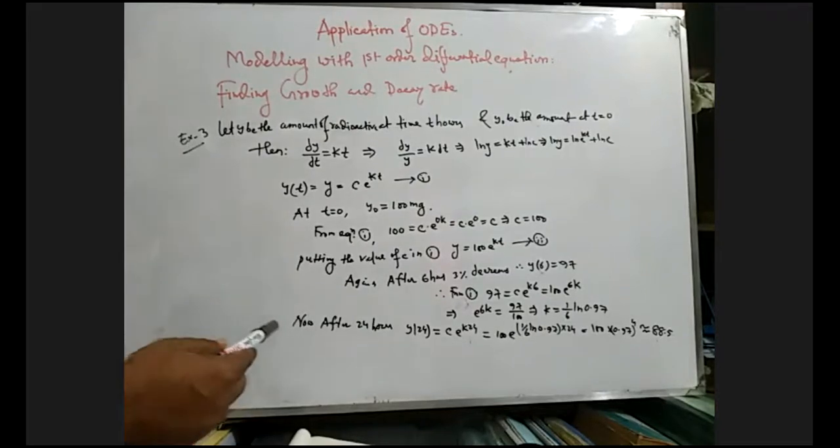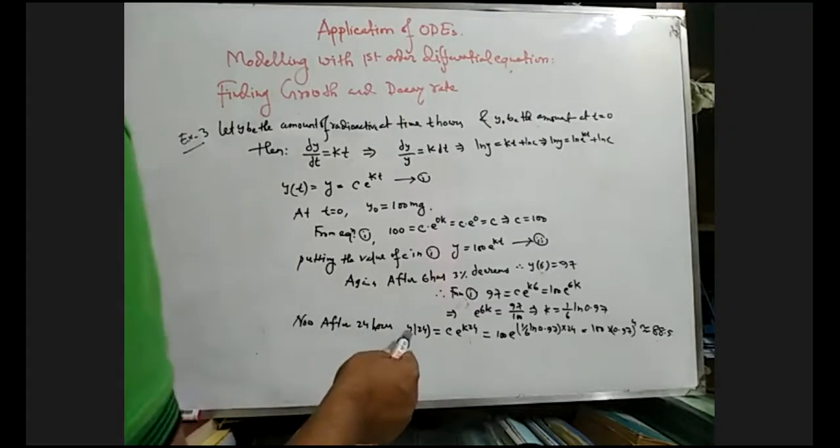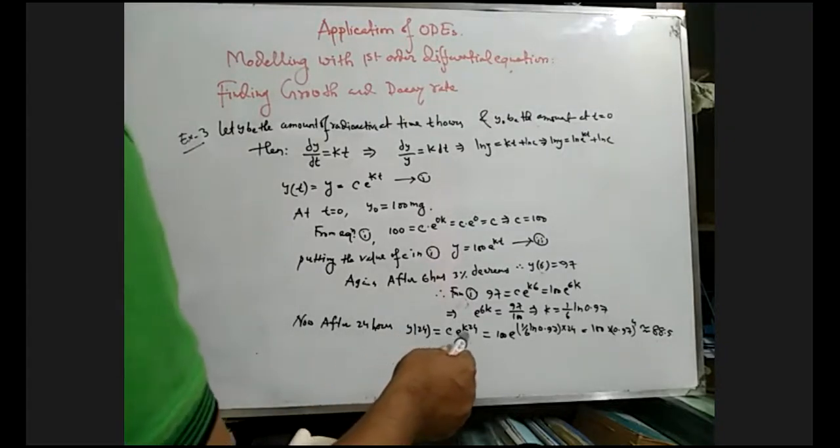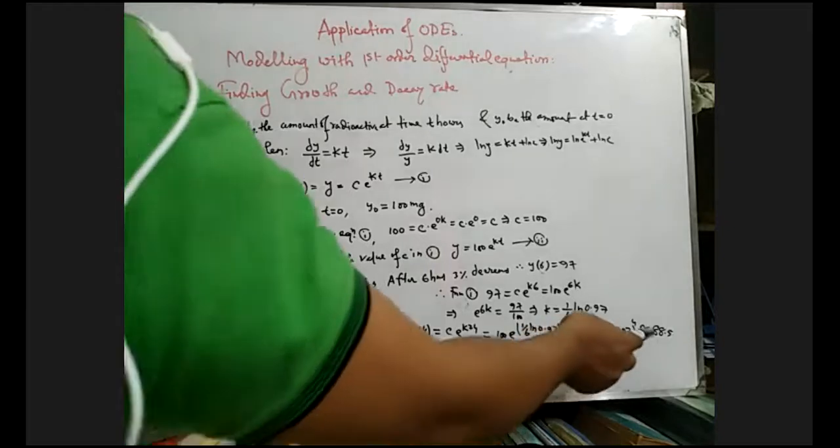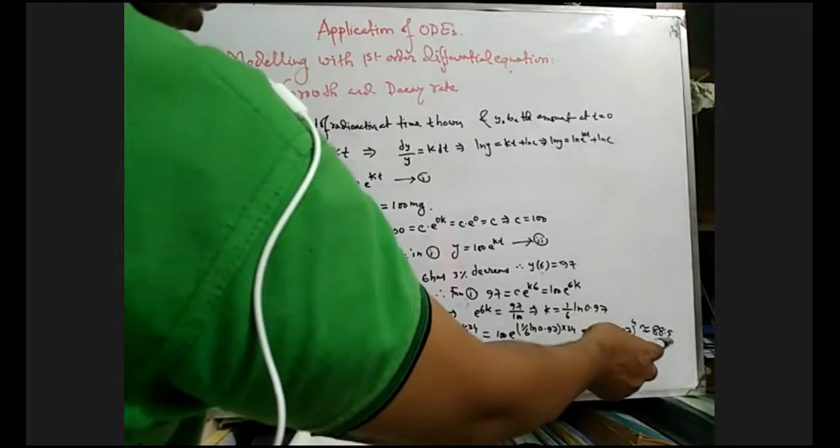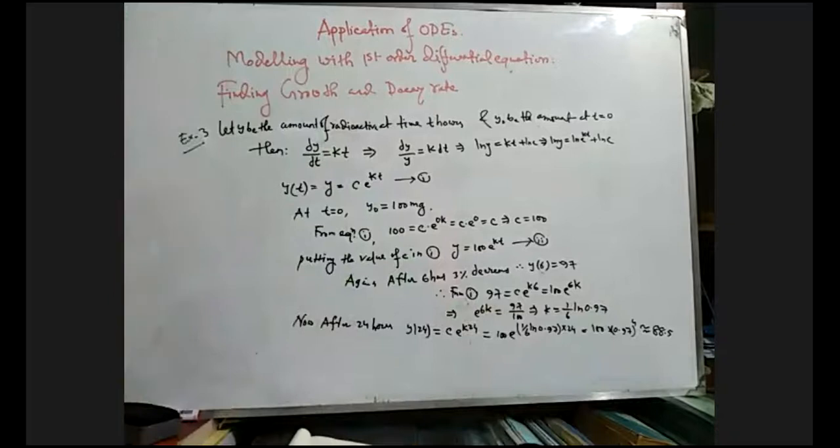So after 24 hours, the amount of the radioactive substance equals what? Approximately 88.5 milligram. Okay.